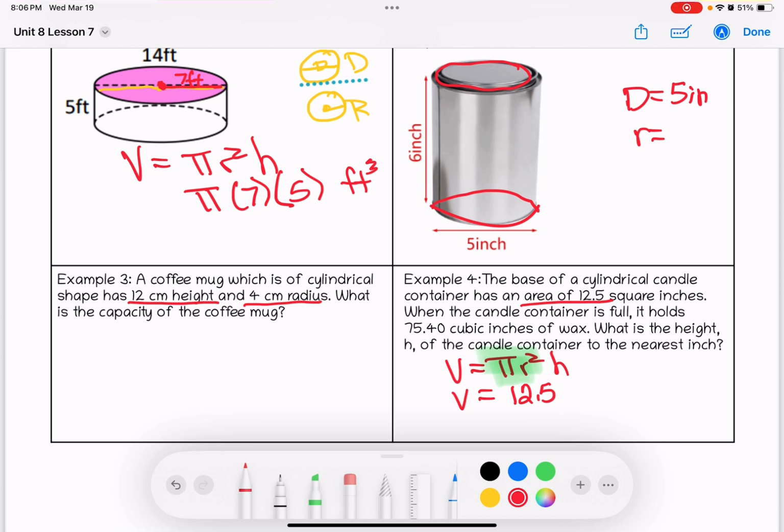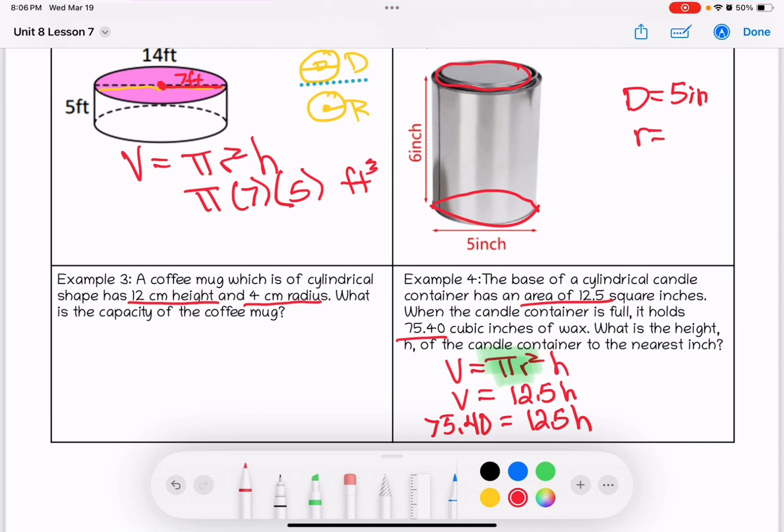I don't see it. So let me read it again. The base of a cylinder container has an area of 12.5. I got that. When the container is full, that means I'm filling it up. That's the volume. It holds 75.4. So that means right here, 75.40 equals 12.5h. And then I have to solve.